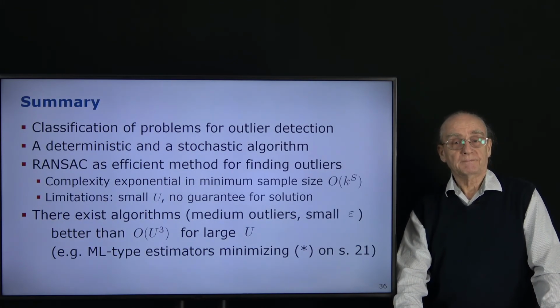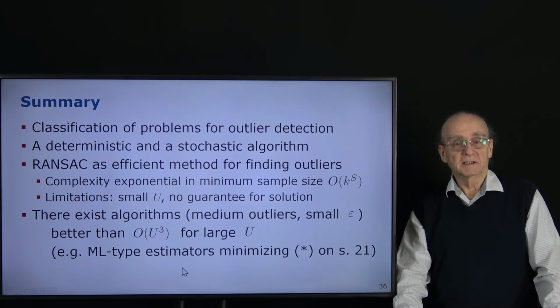Okay, so far what I showed you is, at the beginning we discussed what outliers are and what the problems are when we want to find outliers. I showed you a deterministic and a stochastic algorithm. Especially I showed you RANSAC, random sample consensus, which is a very efficient method for finding outliers, so to say, the method which you use first.